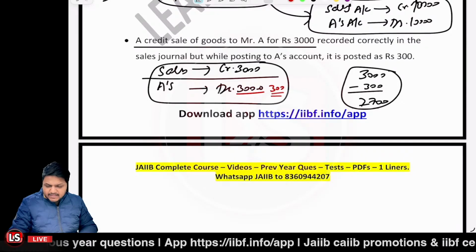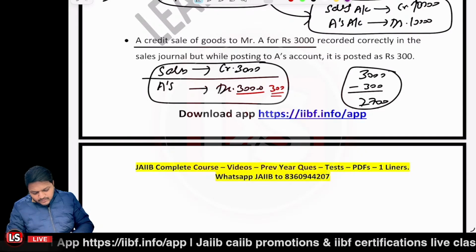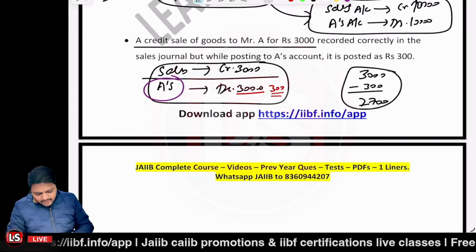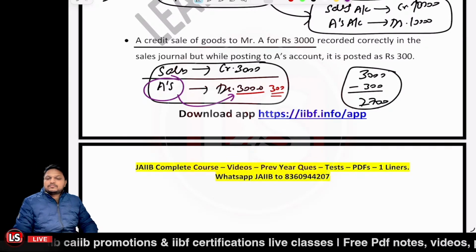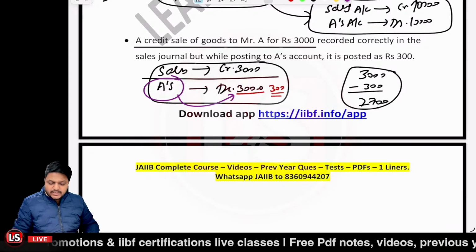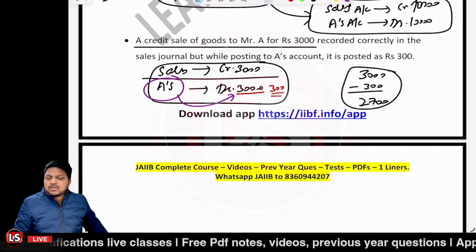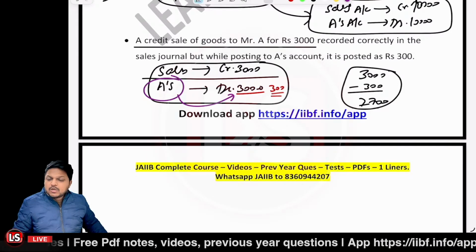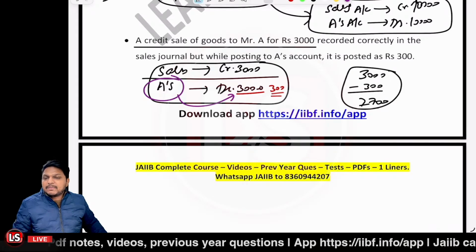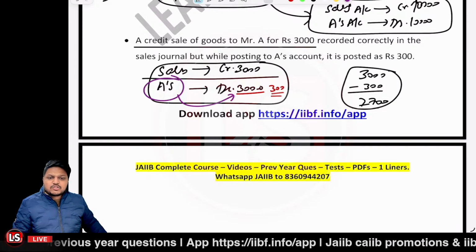We will be simply correcting A's entry. We won't be posting a new entry. We'll simply be correcting this particular entry from rupees 300 to 3,000 rupees. That's it. That's a single leg correction, or we'll be just posting a rupees 2,700 entry toward A's account separately. That is the correction which is to be made over here.